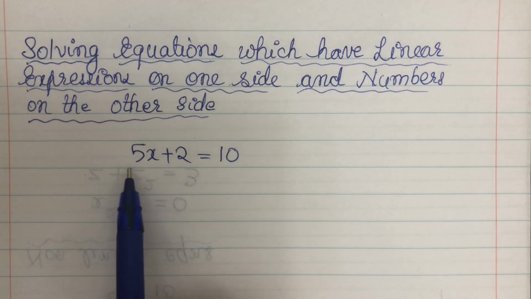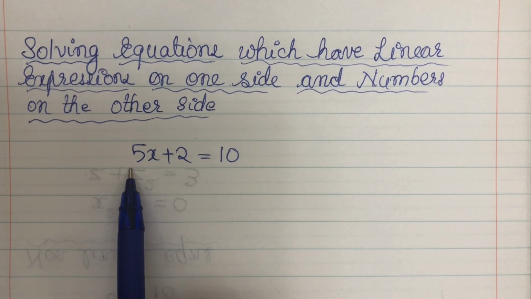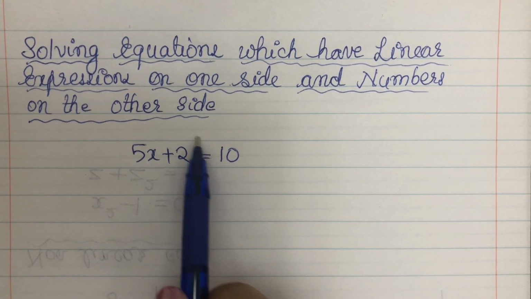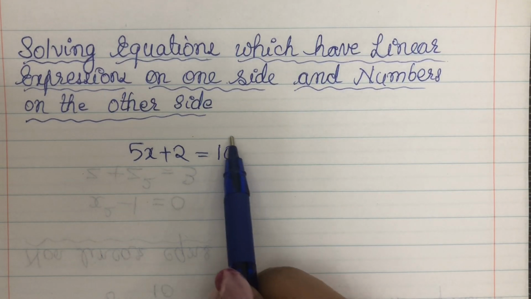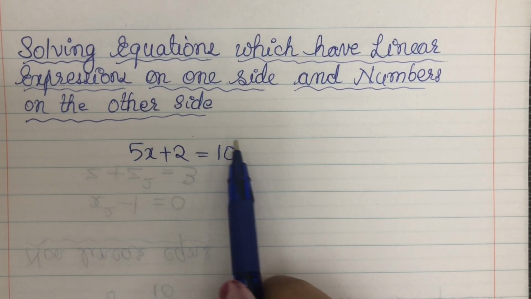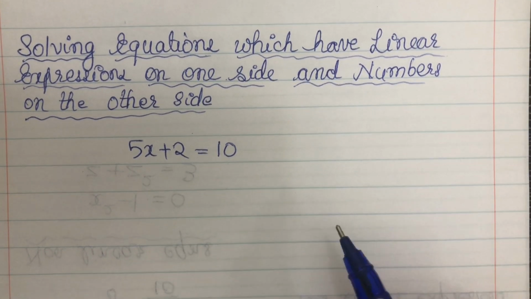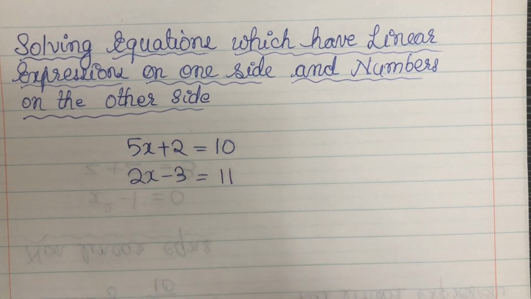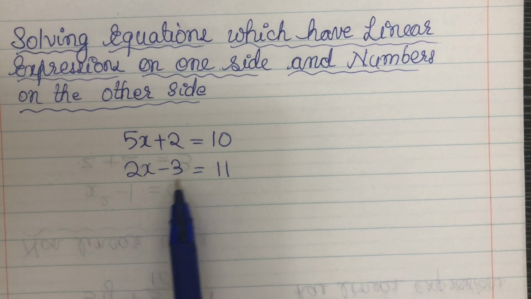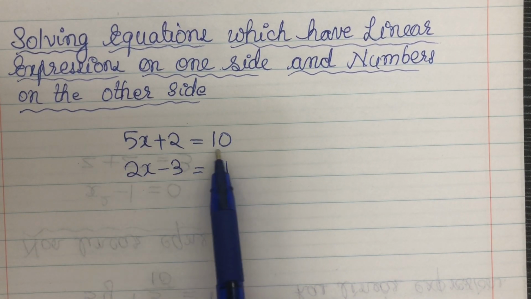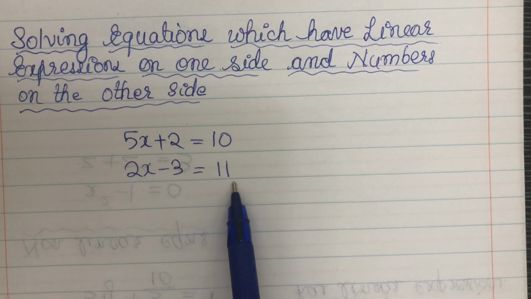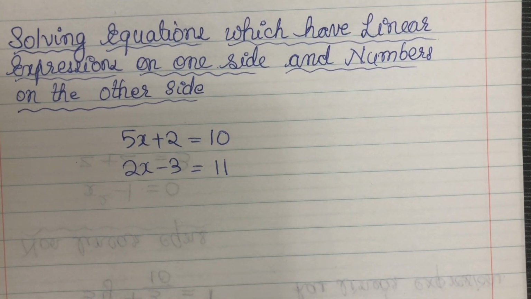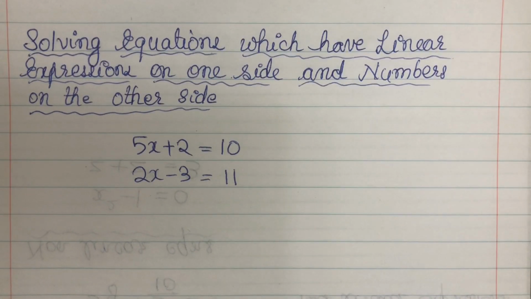See, here we have the linear expression on the left hand side and the constants or the numbers on the other side. For example, 2x minus 3 is equal to 11. Here also you can see the linear expressions on one side and the constants or the numbers on the other side.